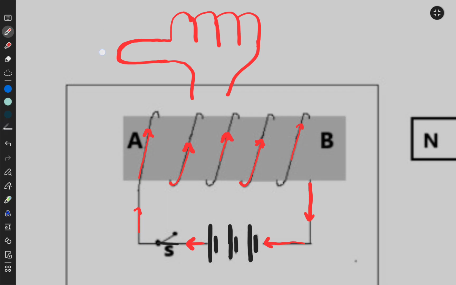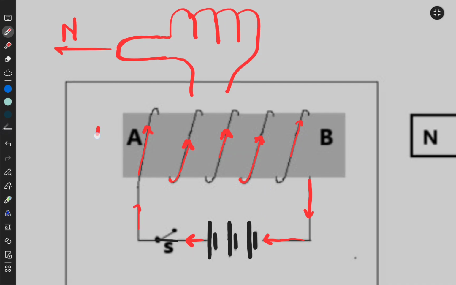And then remember, the thumb will automatically point in the direction of the north pole of the magnet. So it means point A will be our north pole. Since a magnet has two poles, a north and a south, since A has already taken our north, it means B would have to be our south pole, right?